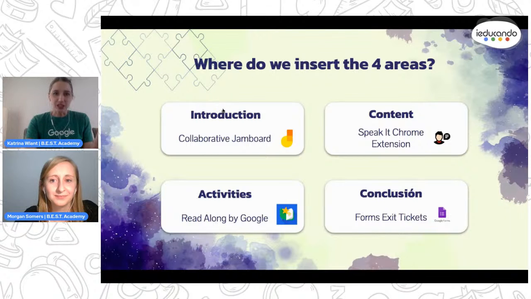So I have my introduction, my content, my activities, and my conclusion. What do you think? So each one of these with the app or with the add-on or with the extension is assigned a language area: reading, writing, listening, and speaking focus.